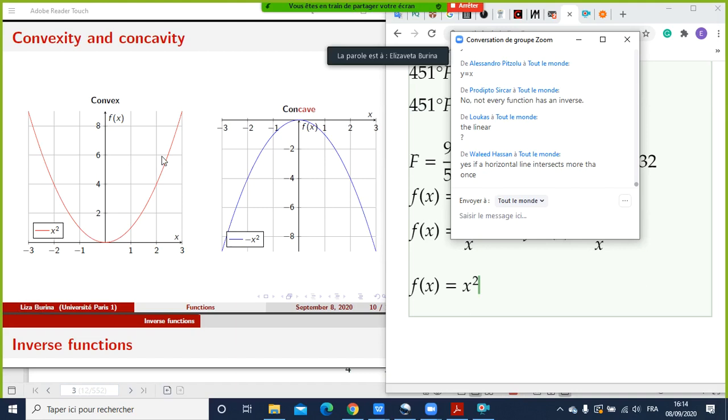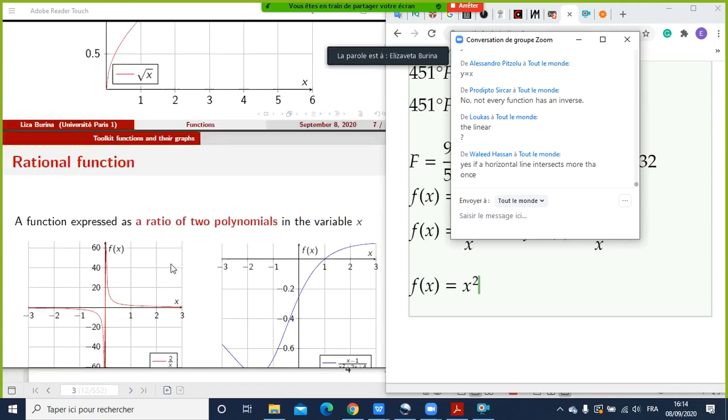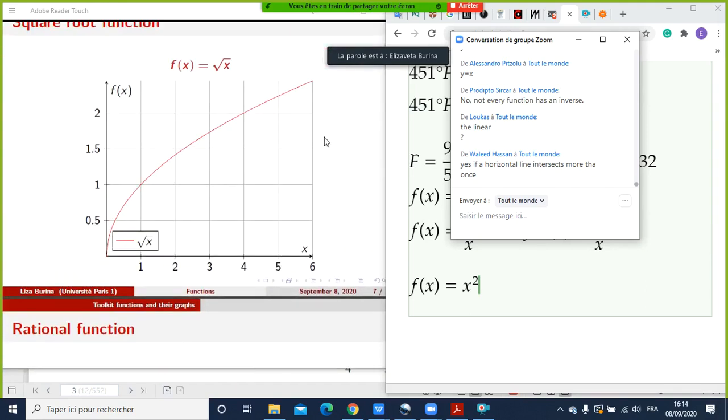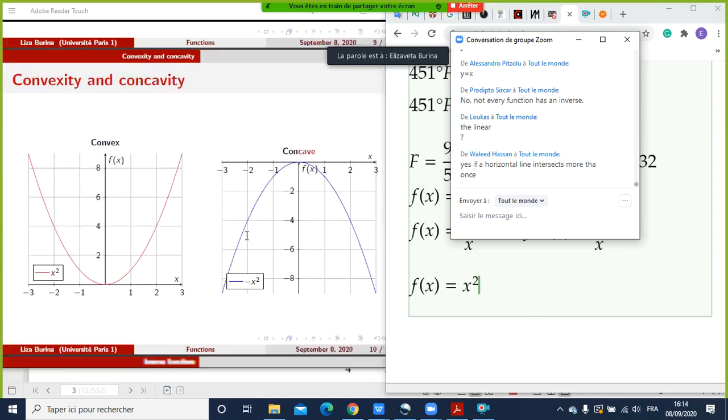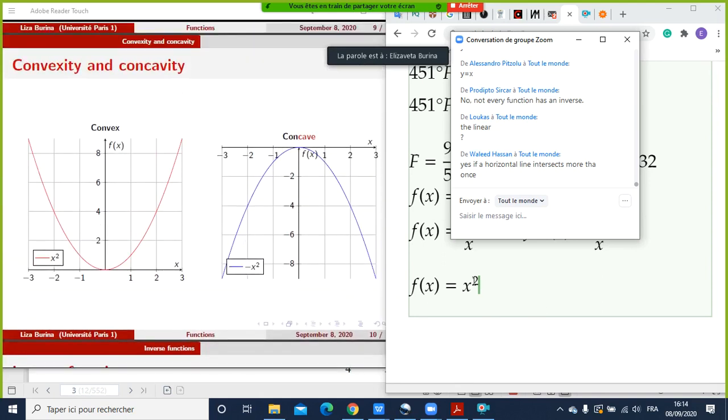Okay, already not working. Here, for example, we put a line and we have only one intersection. That's working. So this is one way to memorize it. Another way to understand it is that for every y we should have only one x, and this is a function that we call a one-to-one mapping.